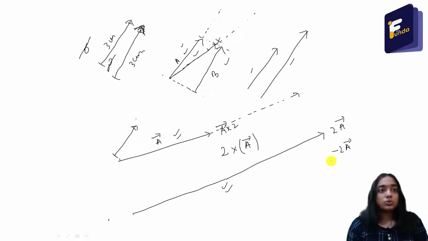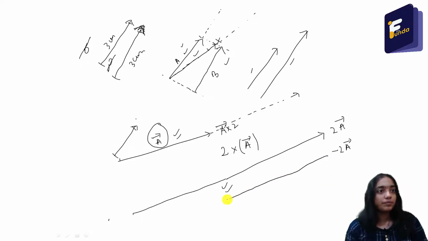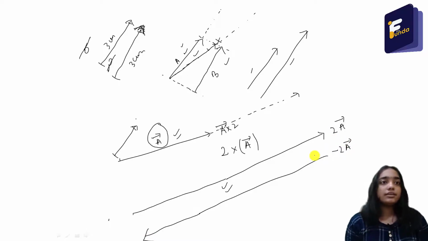The magnitude will become two times A, but the direction will be reversed. So this vector is -2A.